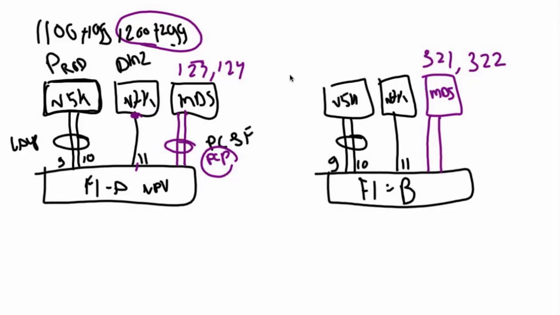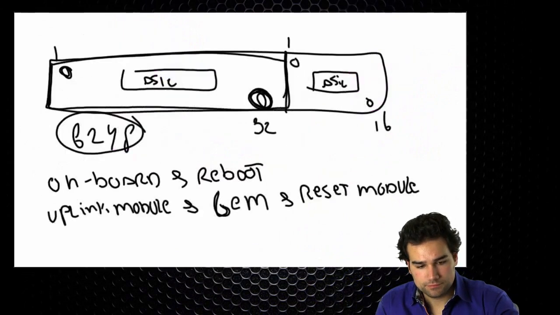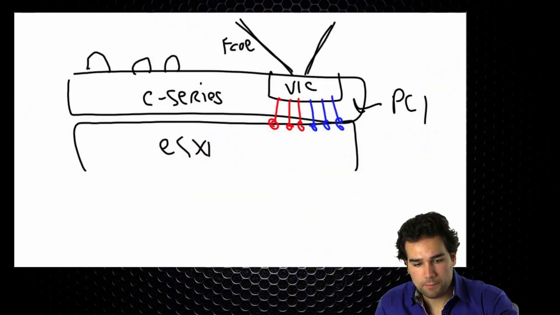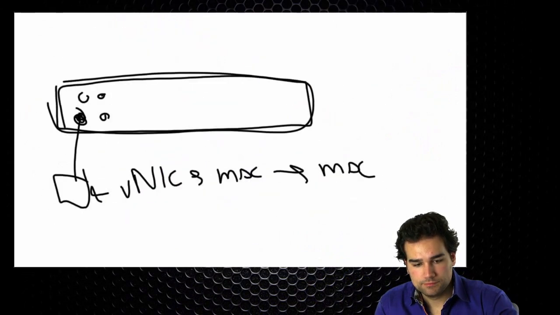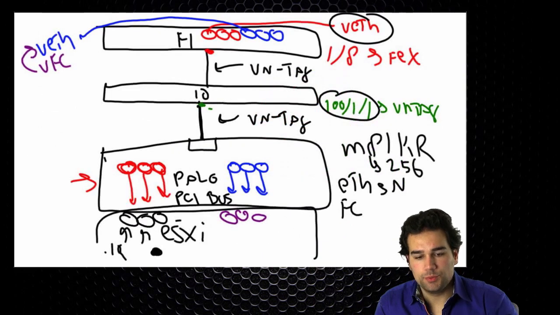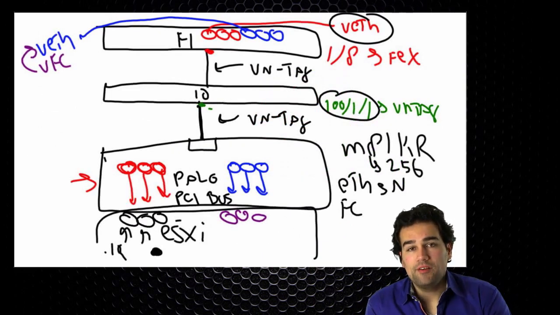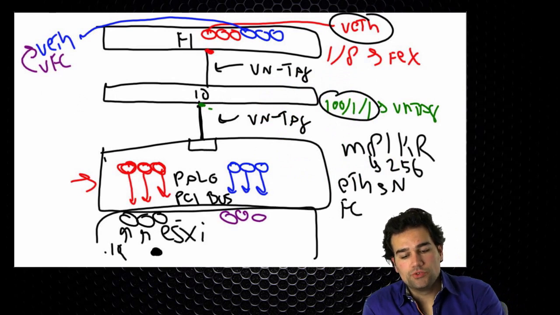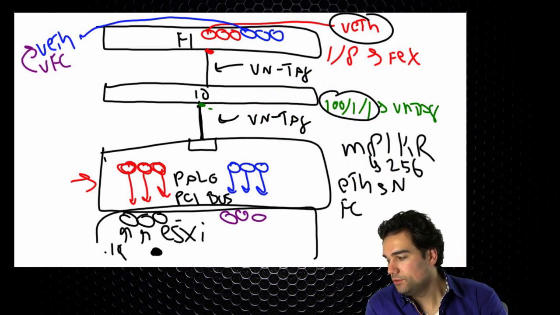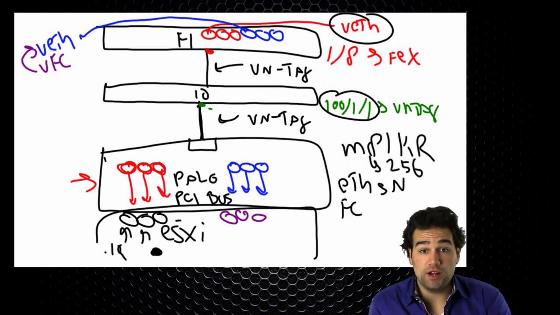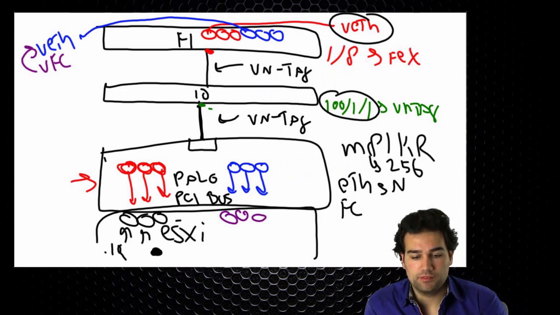Now what is failover? Let's go back to our vNIC drawing that we came up with earlier. This one. We have all these vNICs. What I drew here is just for a single Fabric Interconnect, so a single I/O module in a single Fabric Interconnect.